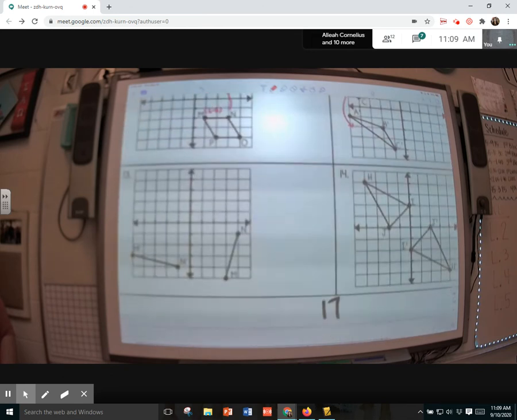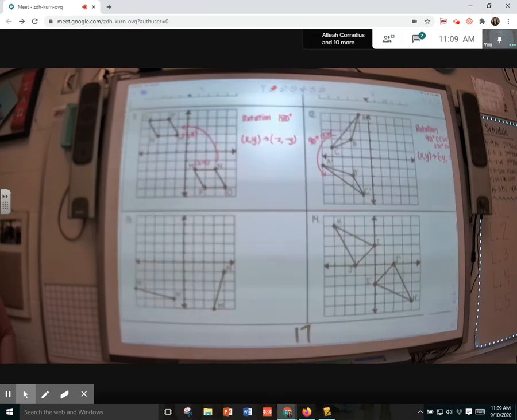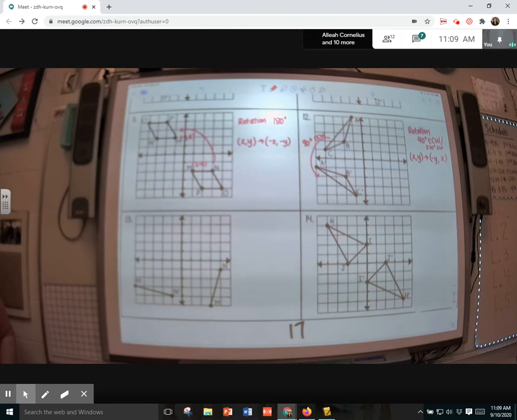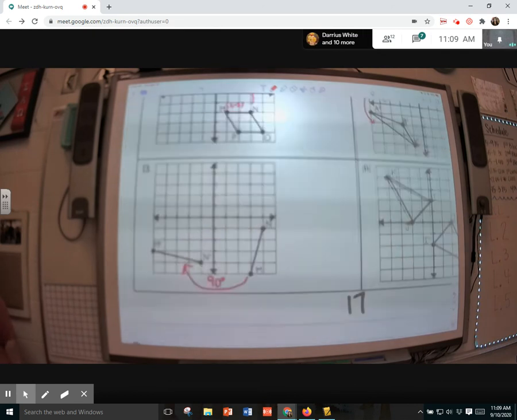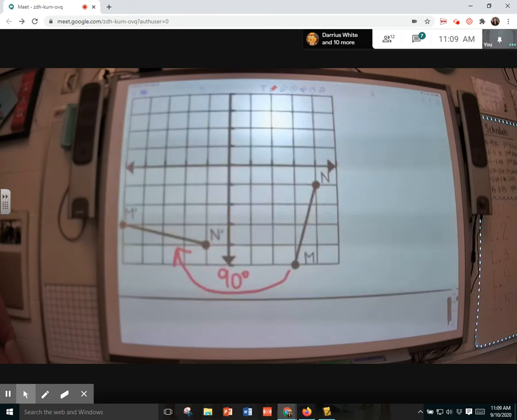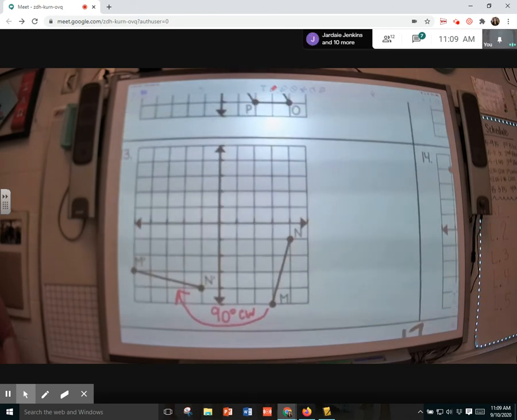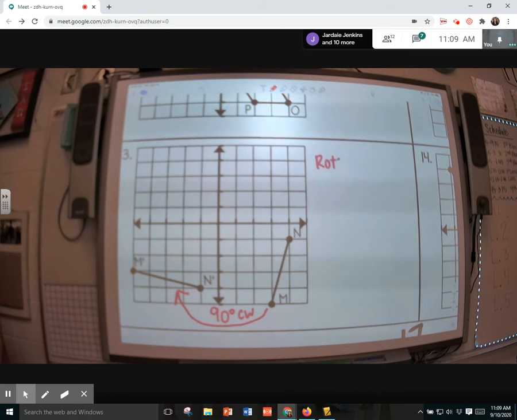Okay. Then with number 13, if I go from M to M prime, that is a 90-degree rotation. And which direction? Clockwise. So that was a rotation of 90 degrees clockwise or 270 counterclockwise.